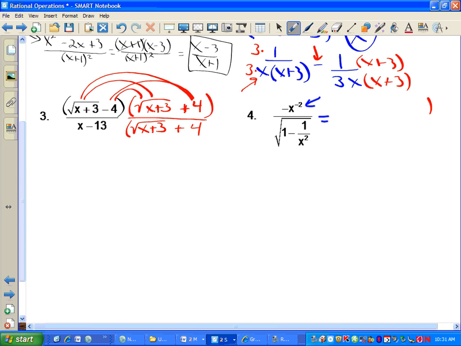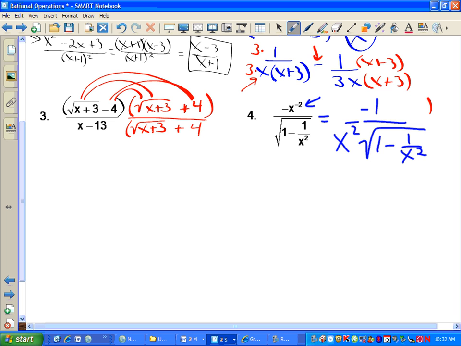So this would be, let's leave the negative 1 on top. Let's move to the bottom the negative x squared. Excuse me, I'm not moving the negative. When I move it to the bottom, it would just be x squared. The negative's going to stay on top, times 1 minus 1 over x squared.